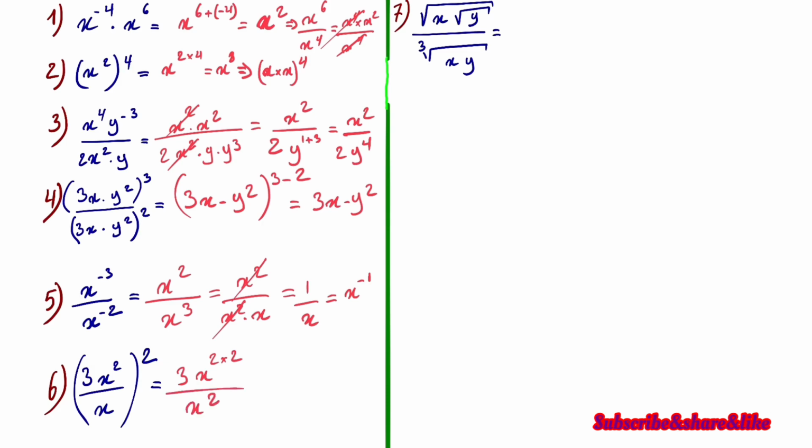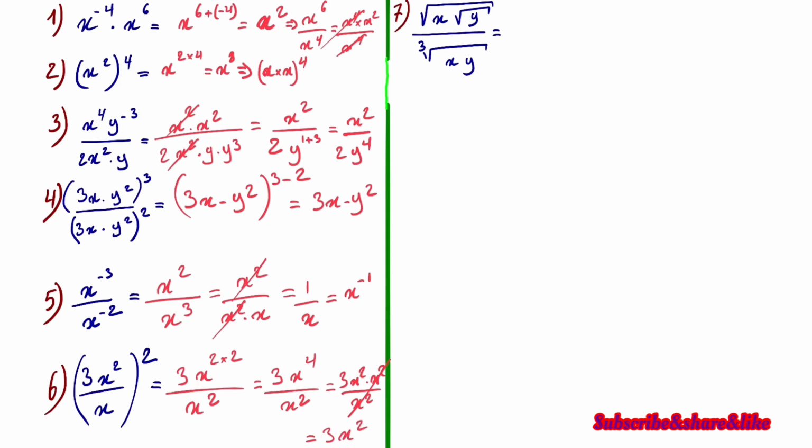So the identity, if you have a square, you can always separate them, and this is giving us just 3x to the fourth over x squared, which is 3x squared times x squared over x squared. We can cancel this and we will end with 3x squared.